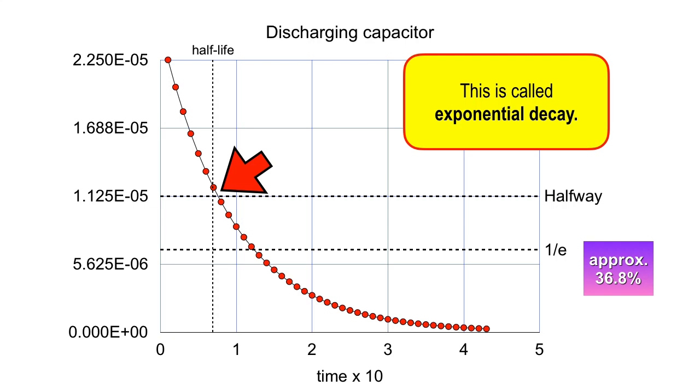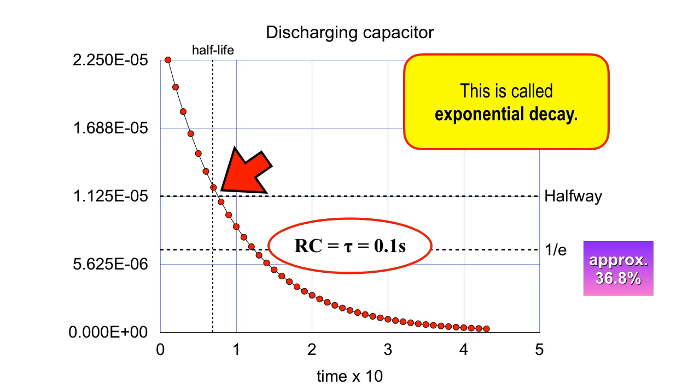Now, the time constant in an RC system is not the half-life constant, it's where the current drops to approximately 36.8%. All right, halfway is the half-life. It involves the logarithm of 2 and everything.